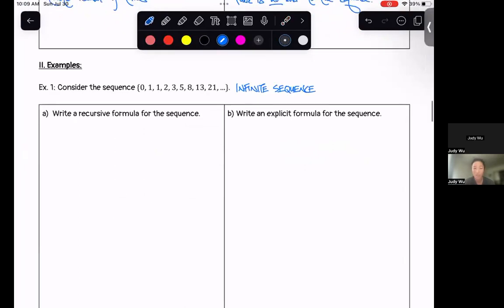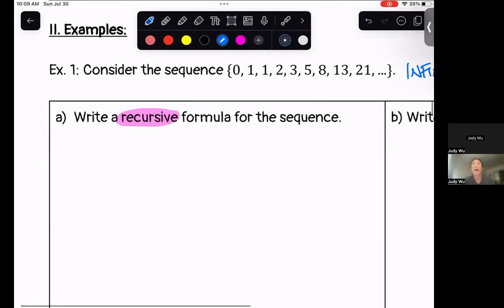Our task here is to write a recursive formula for our sequence, as well as an explicit formula for our sequence. So we're going to jump right into seeing what a recursive and an explicit formula mean. We're actually going to start with the recursive one. Usually when we have a list of numbers, that can be one of the easier ways to define a sequence.